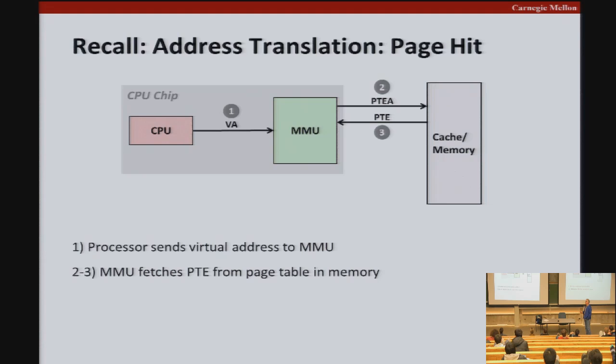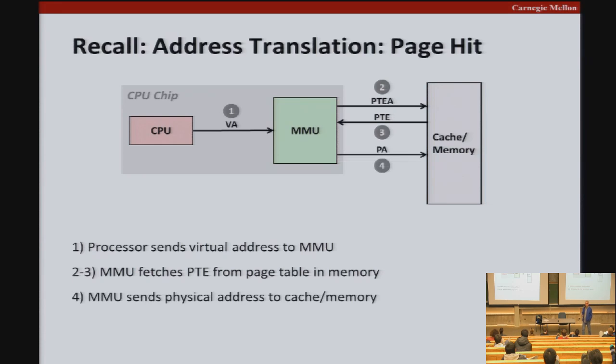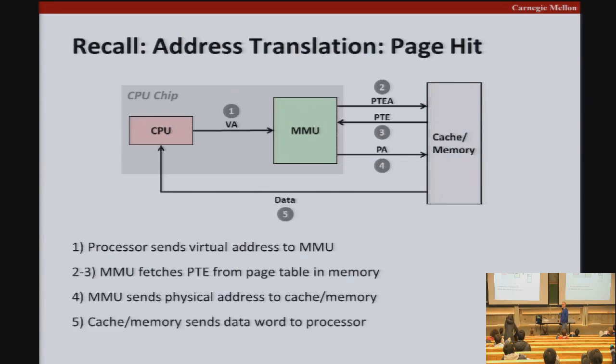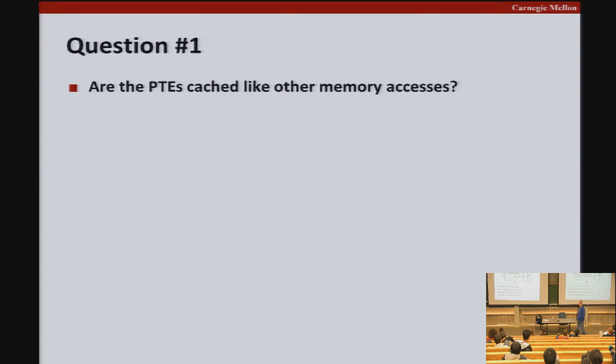And then the memory system will return the page table entry for that particular virtual page number. The memory management unit will use that entry to construct the physical address, and then the data will be returned. That's what happens when we get a page hit.